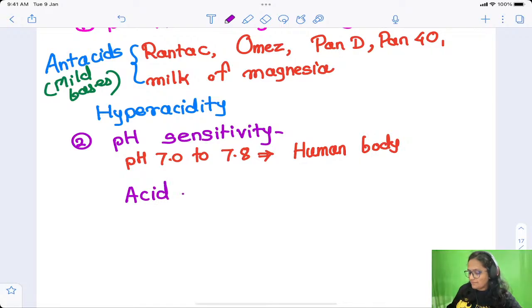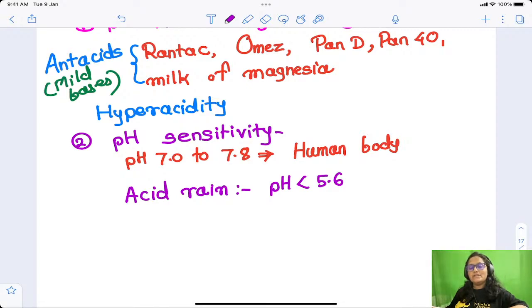Acid rain has pH less than 5.6. If the pH of the rain water is less than 5.6, that rain is called acid rain. That is also not good for the soil, for the animals, and for non-living as well as living things.